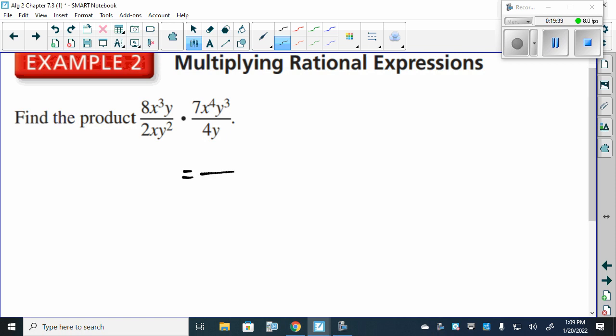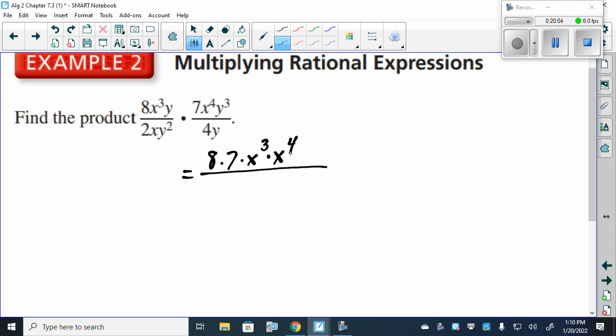Because if we look at these two here, we're going to multiply straight across. We'll multiply the numbers with the numbers and like terms with each other. On top we have 8 and 7, and we'll be multiplying those together. Then we'll multiply the x to the third and x to the fourth together, because we multiply the like bases.